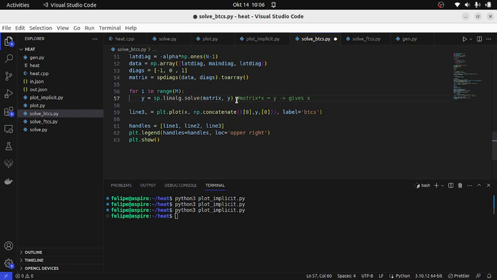don't just invert the matrix and say, okay, I want, in this case, matrix to the minus 1 times y, because sometimes inverting the matrix can be a more expensive operation than solving the linear system.